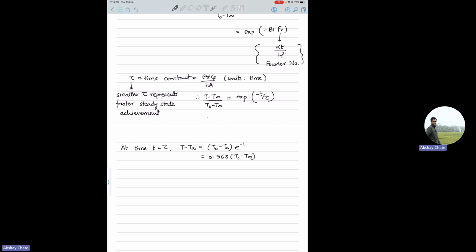The time constant of a thermocouple is usually specified, and the practice is that when time reaches 3 units of time constant, you can assume that the bead is giving the steady state temperature of the surrounding flow. So the faster the time constant, the better, because you will not have to wait long to take the readings in the experimental setup. That is the basic point of it.